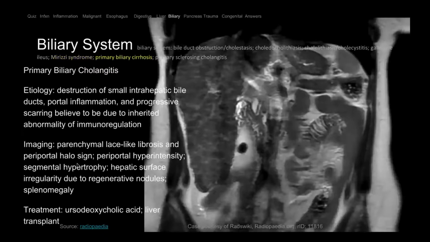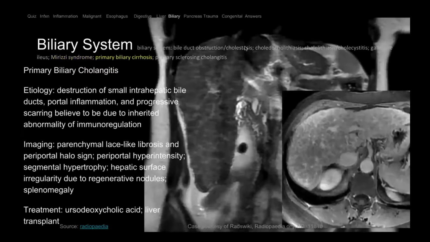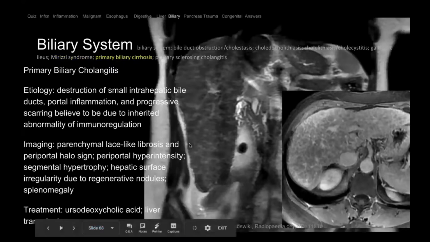Now we're moving on to the biliary system. Here we have an MRI. This is the liver. Here's an axial liver. And you see there's these little reticulations. The liver also, if you look at the surface, it's nodular.